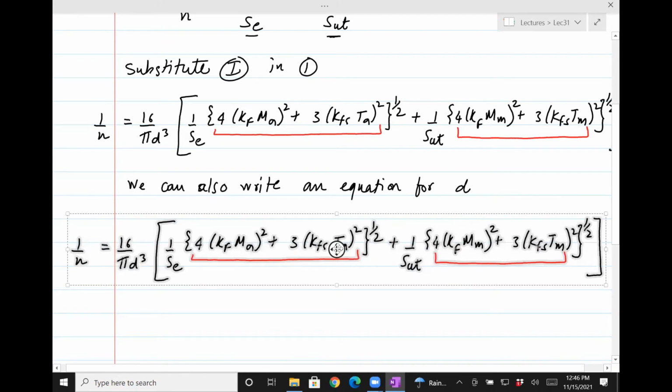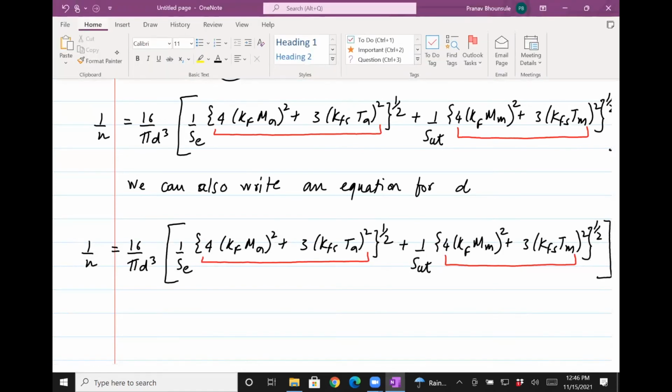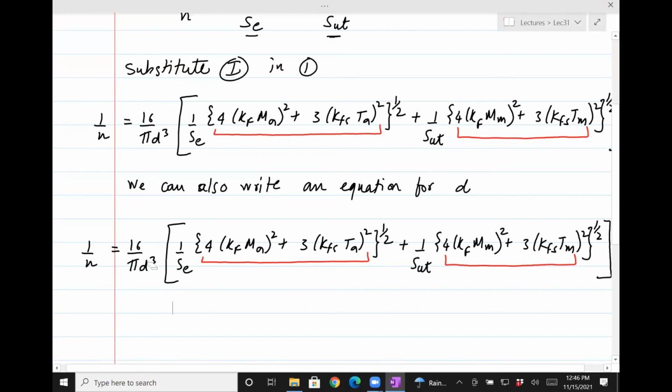Okay, so what I need to do here is move this d and n around so I can solve for d instead of n. So this n goes here, this d goes there. And since it was d cubed, I need to take the cube root of the whole thing.